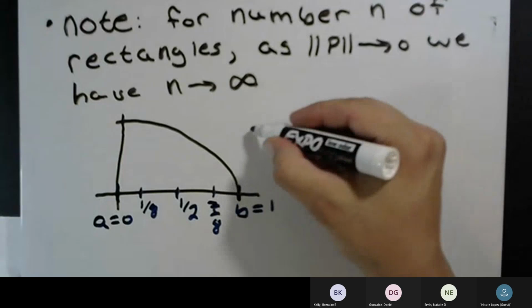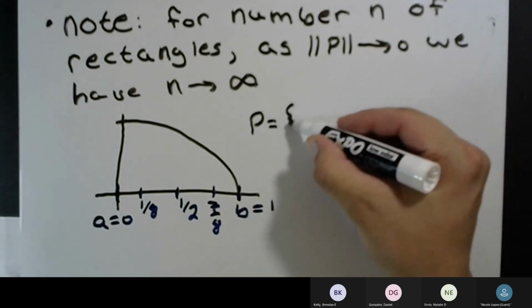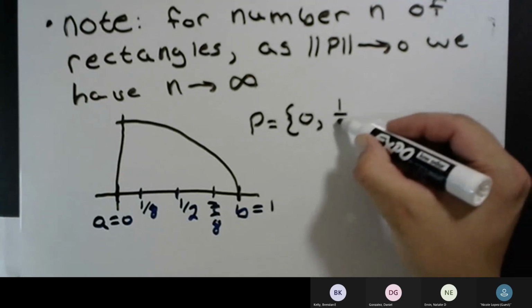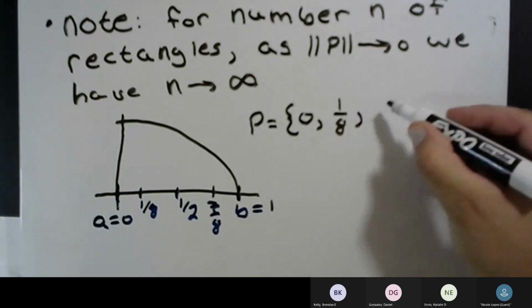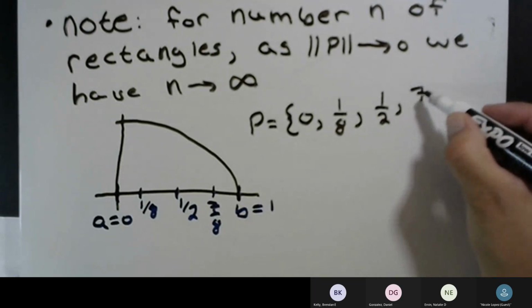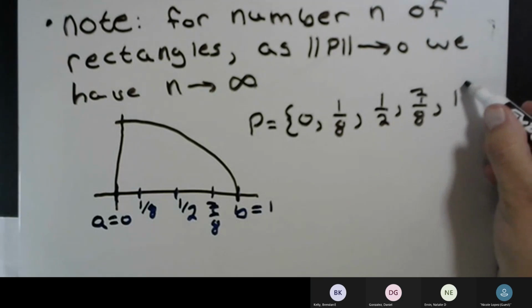So this means our partition will be 0, 1/8, 1/2, 7/8, and 1.